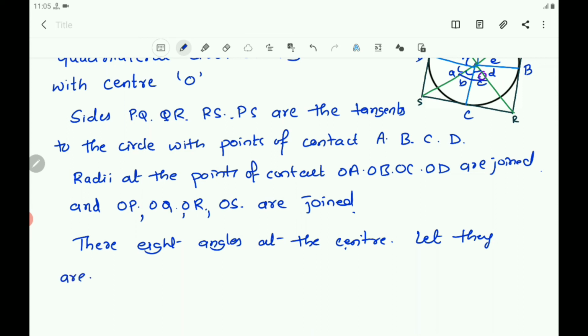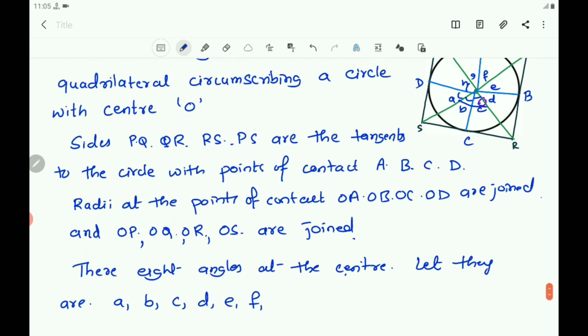Let us denote them as A, B, C, D, E, F, G, H.